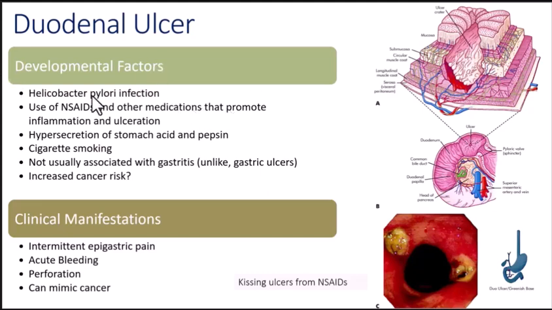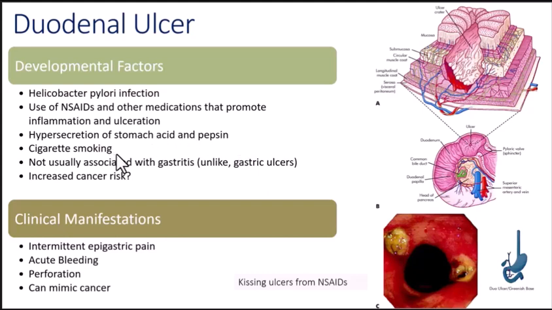Some developmental factors that we've really already spoken to include H. pylori, so that's the big one, the use of NSAIDs and other medications, hypersecretion of stomach acid and pepsin, which are both problematic for the stomach lining. So even if we're producing the normal amount of mucus, if we're producing too much of the substances that are aggressive towards the stomach, then that mucus barrier might not be enough.